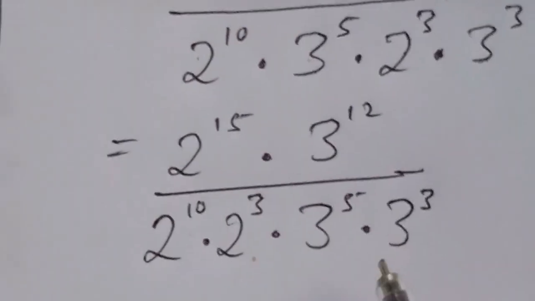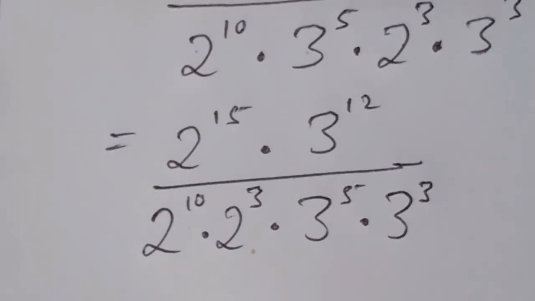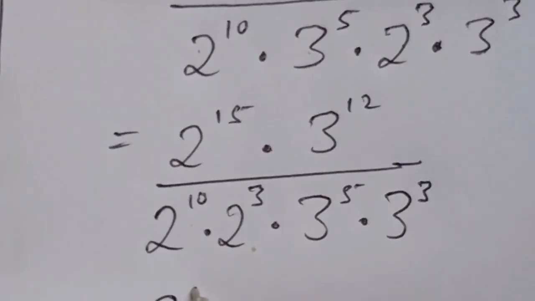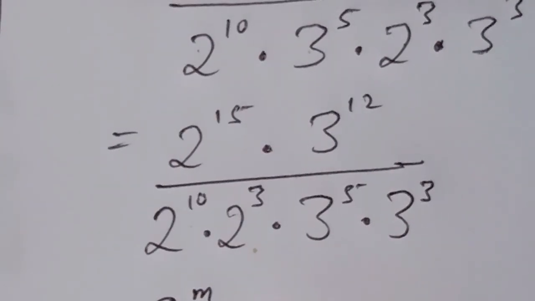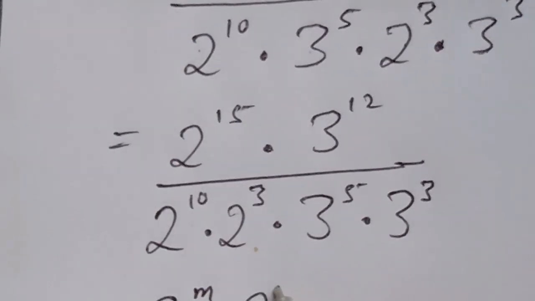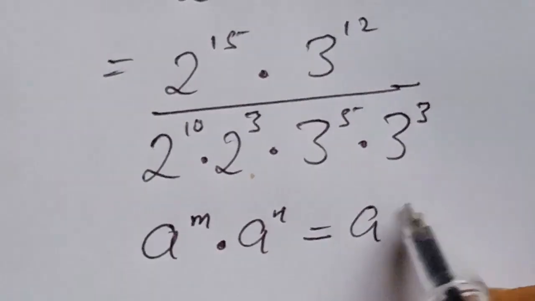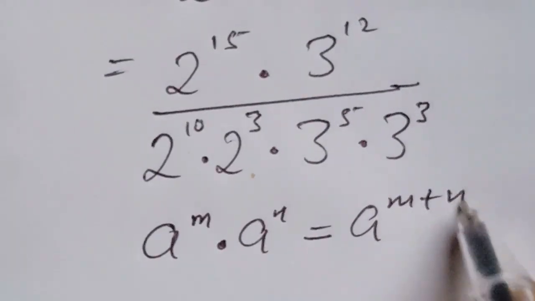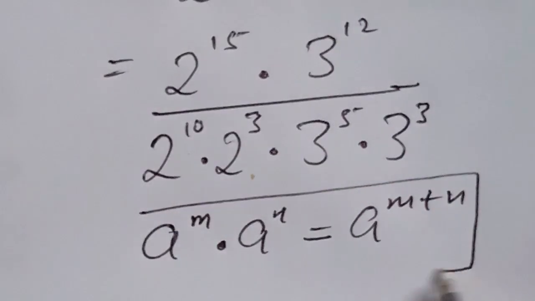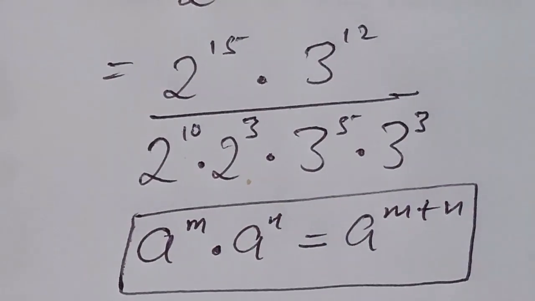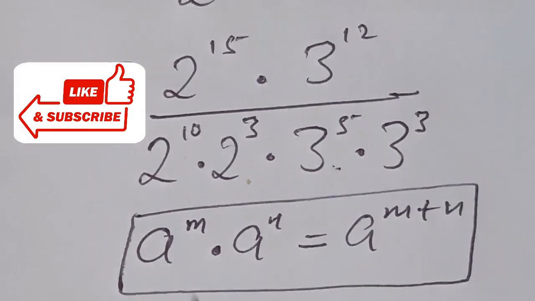So from here we consider this identity: a to the power of m multiplied by a to the power of n can be written as a to the power of m plus n. So we use this to simplify what we have at the denominator.